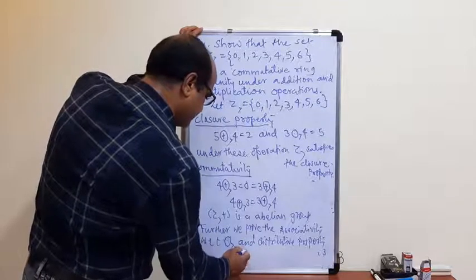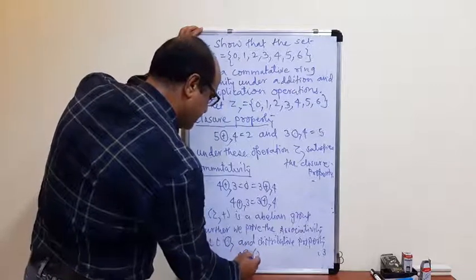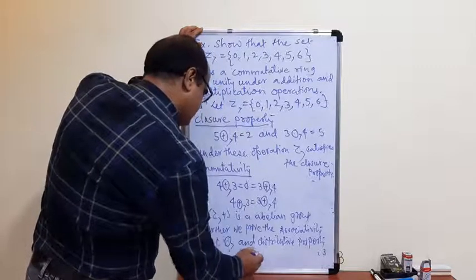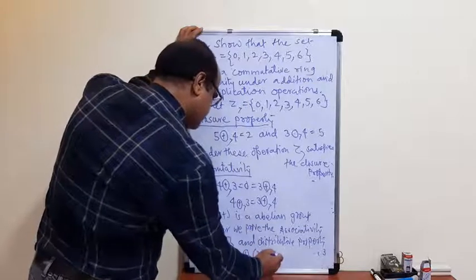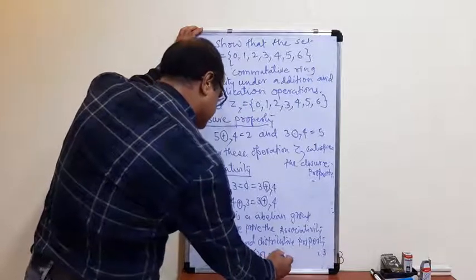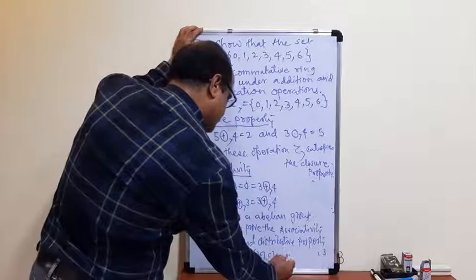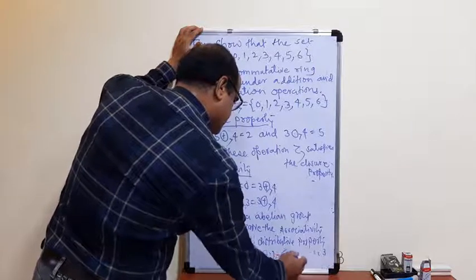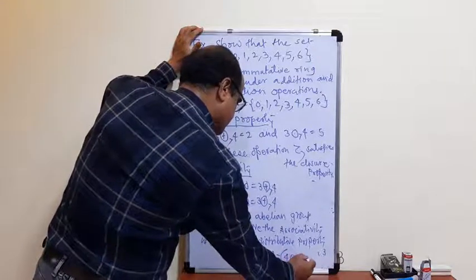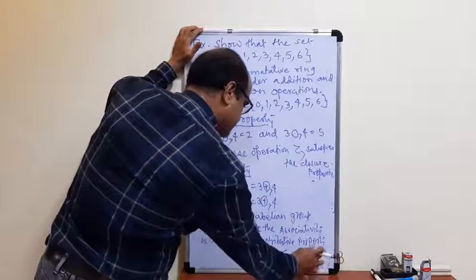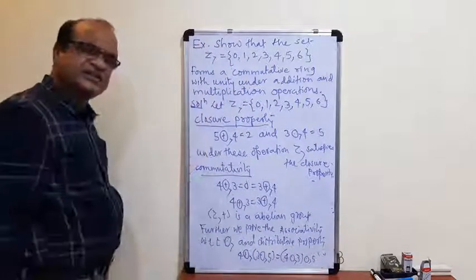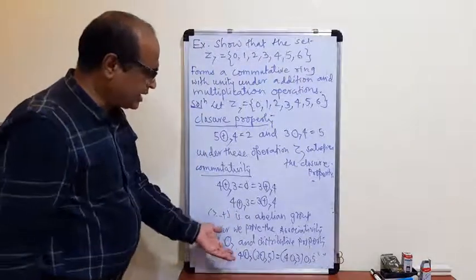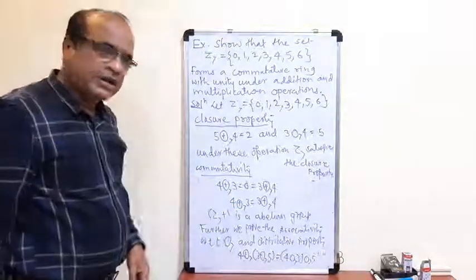We can easily show this. If you know the definitions, then you can easily show the associative property and the distributive property.